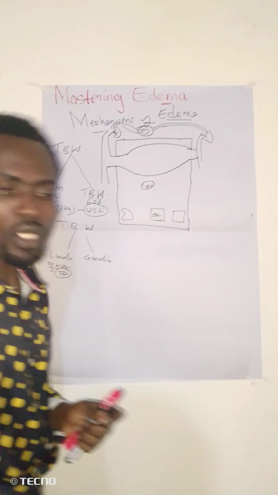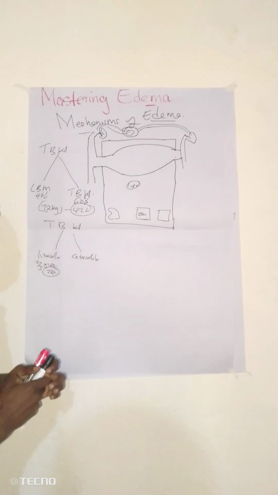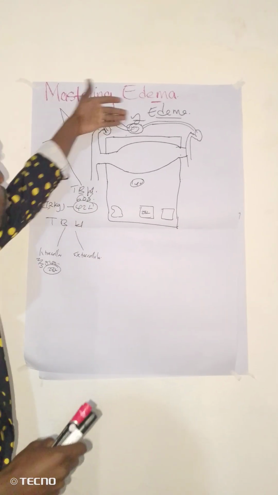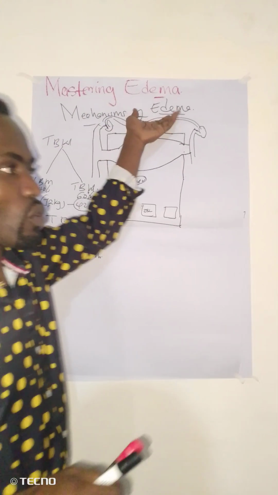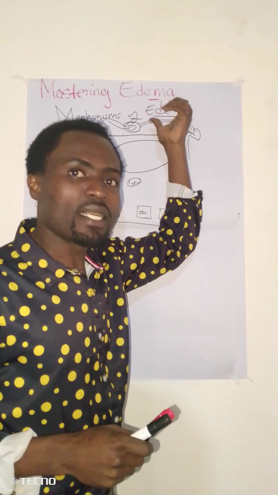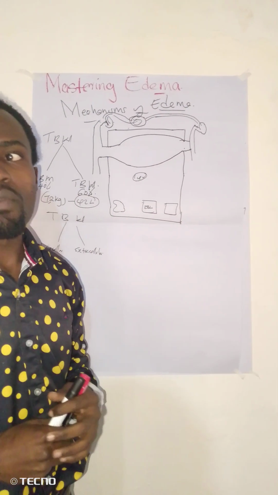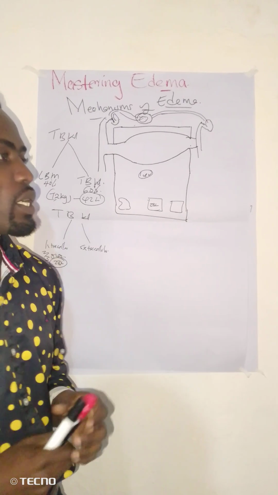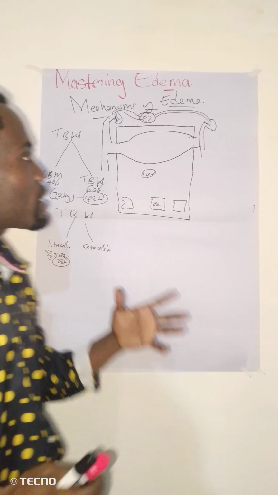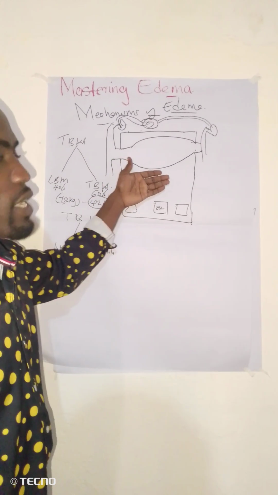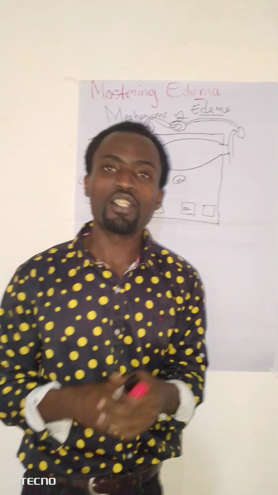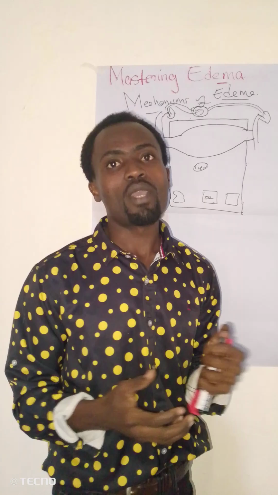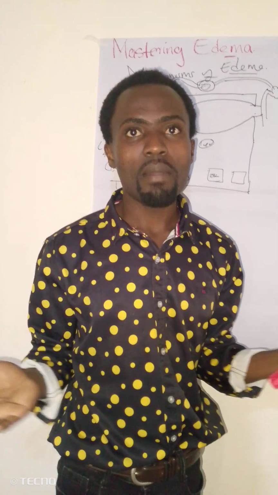But due to some pathological reasons, when we talk about mechanisms of edema, how edema results, in medical school our doctors normally refer to interstitial edema most of the time. But remember, we have intracellular edema and also extracellular edema.